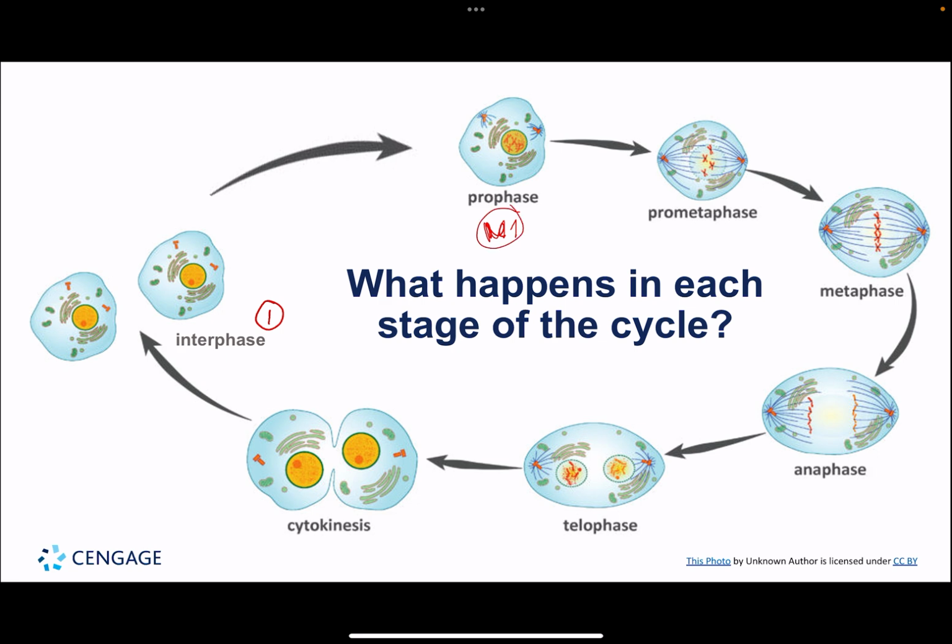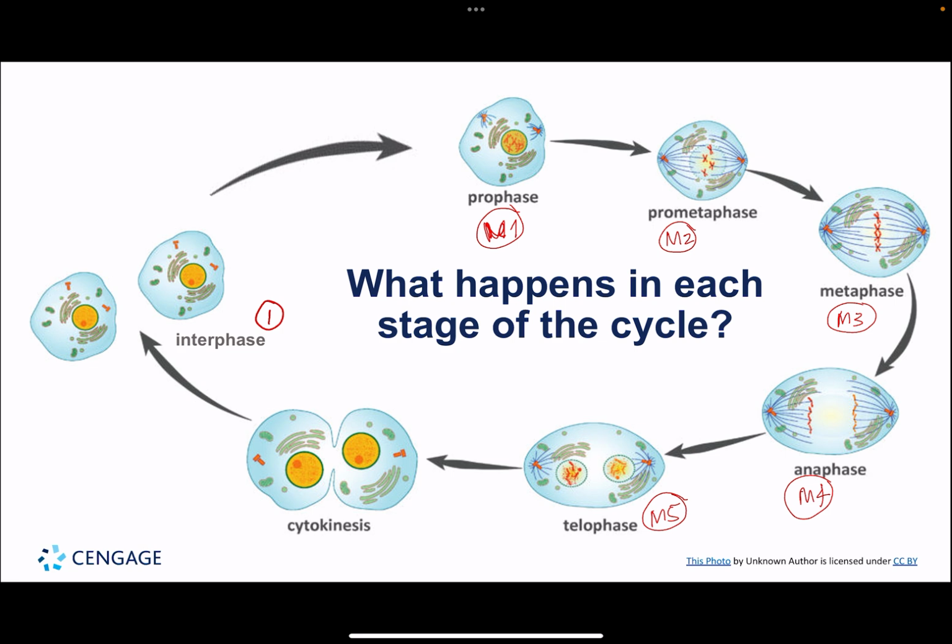Then the second stage is prometaphase, and then metaphase, and then anaphase, and then telophase. After telophase, we have cytokinesis, and then the daughter cells formed after cytokinesis will again undergo interphase, and the cycle repeats.